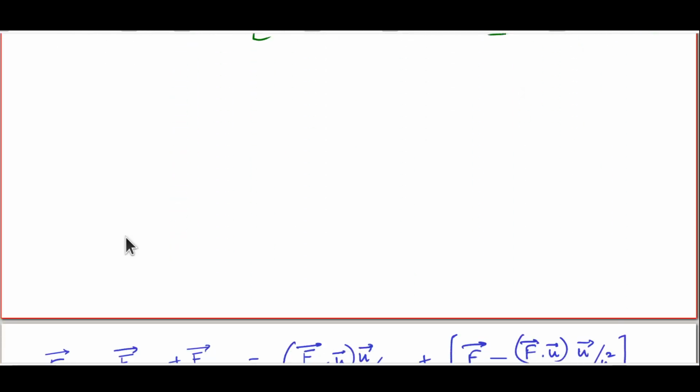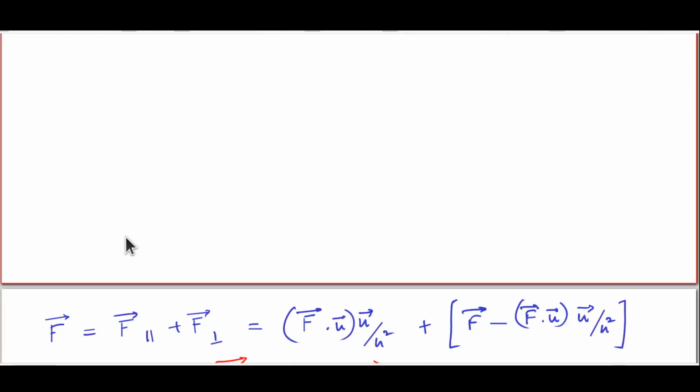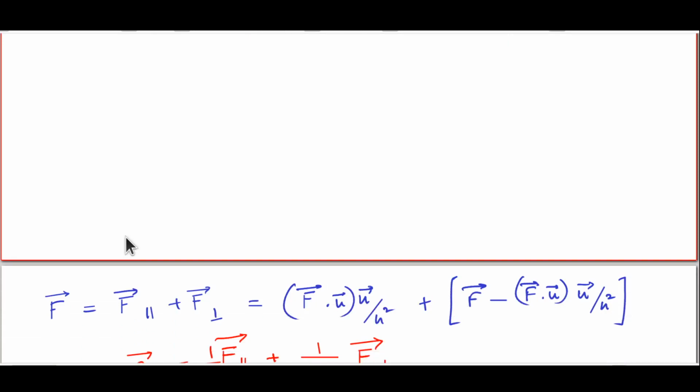So, elementary vector analysis tells us that we can break up the force F into a component which is parallel to the velocity, F parallel, and another component perpendicular to the velocity. And the way in which you find out these components is straightforward class 12 level vector analysis. The component parallel to the velocity is given by F dot U times U vector by U square. That of course is the projection of F in the direction of U.